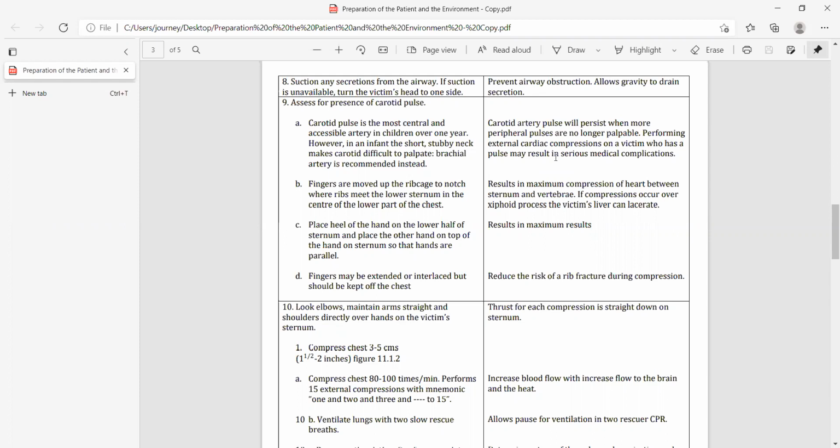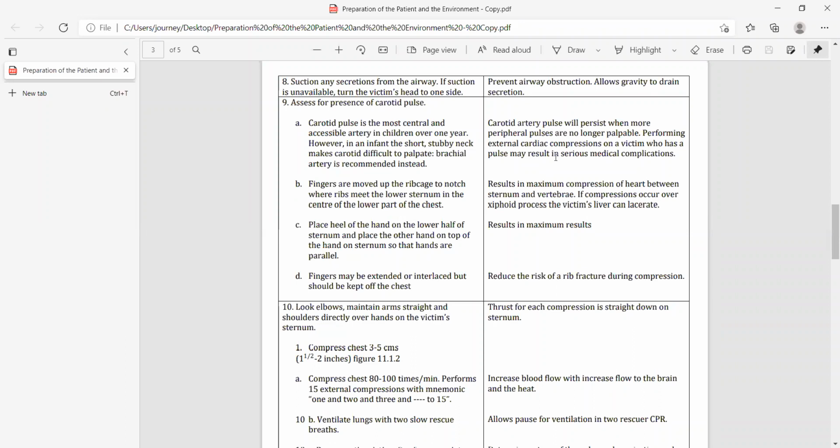And then you have to place the heel of the hand on the lower half of the sternum. So all of you, I think you know what the sternum is. You have to place the heel of your hand on the lower half of the sternum, and place the other hand on top of the hand on the sternum, so that the hands are parallel. When we give CPR, our hands should always be parallel.